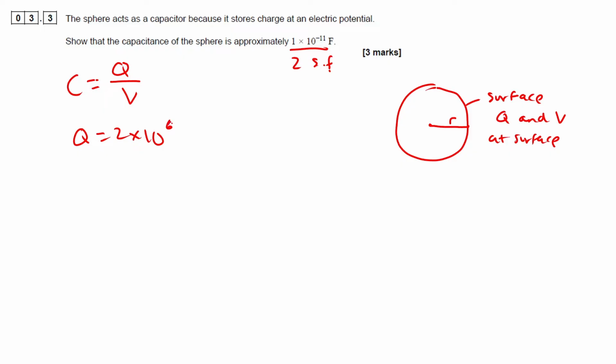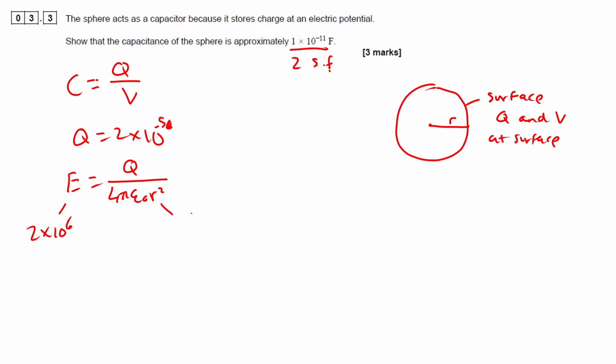sorry, that was a mistake, that should be 2 times 10 to the minus 5 for the charge at the surface. And if we just talk about how we got that, we could get this value from the equation for the electric field strength, E equals Q over 4 pi epsilon naught R squared, and we worked out E in the previous question to be 2 times 10 to the power of 6.